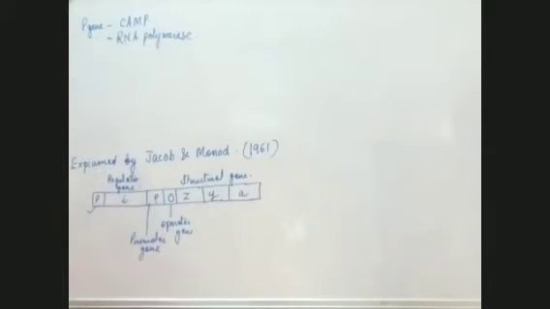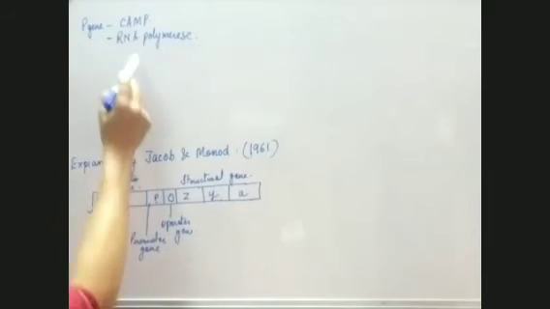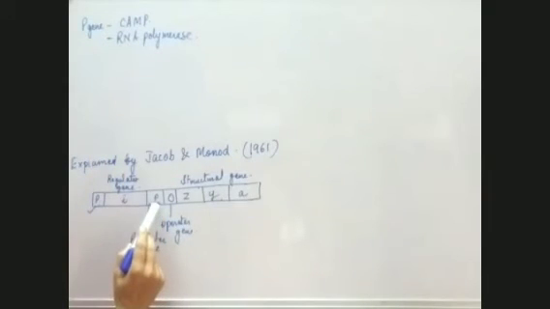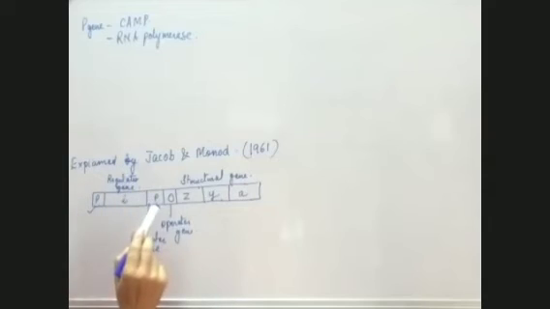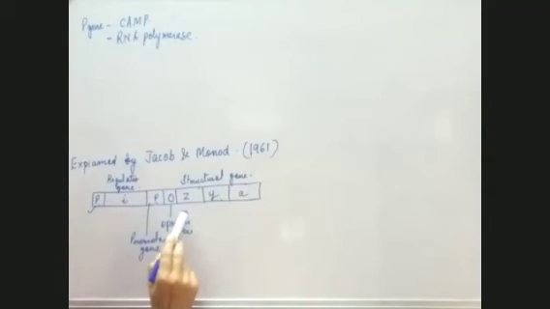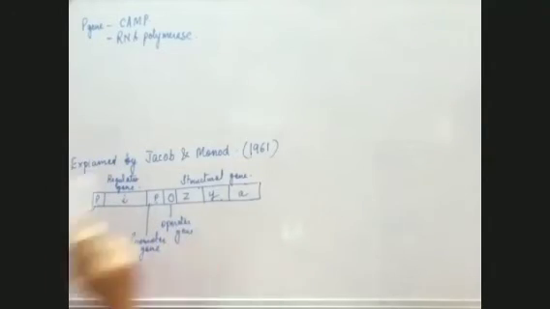When it binds with cAMP, that means the energy gained is utilized. RNA polymerase binds with this P, and by transcription a messenger RNA is formed here.